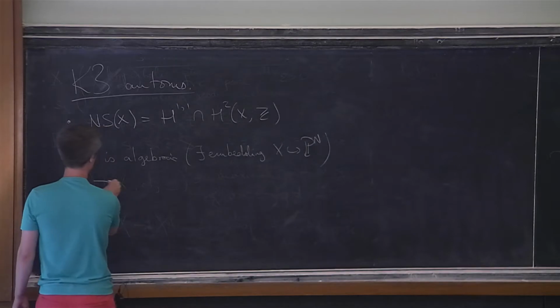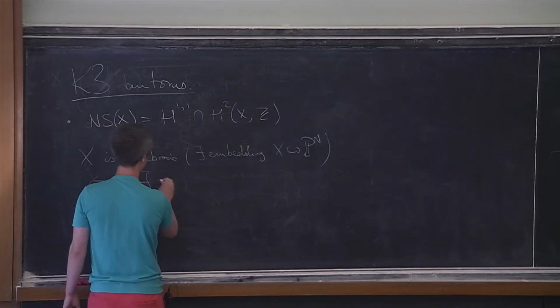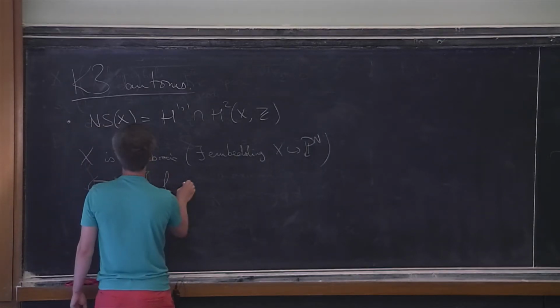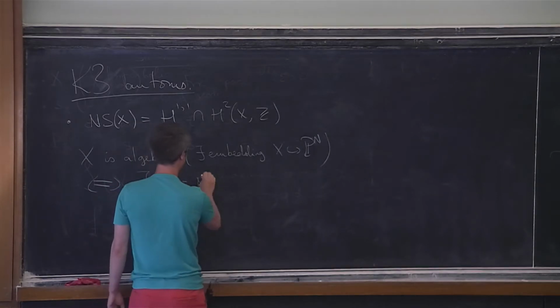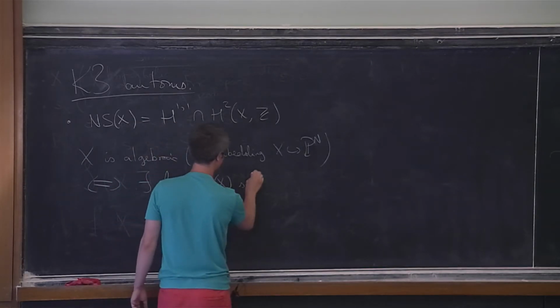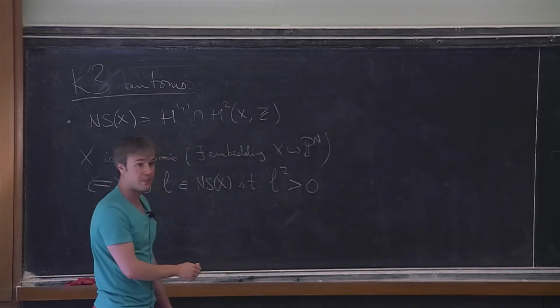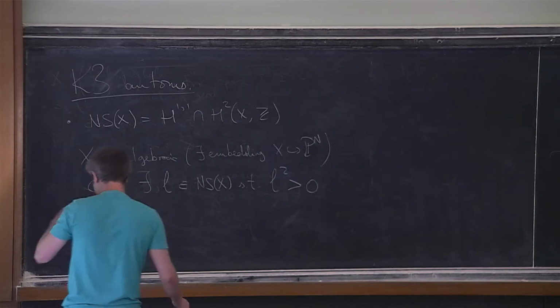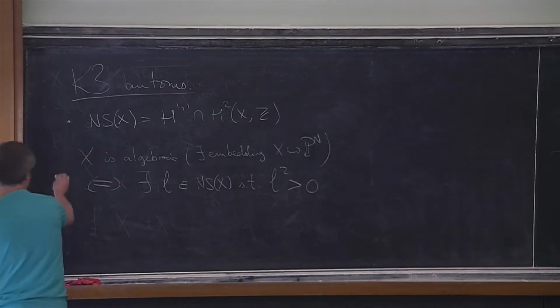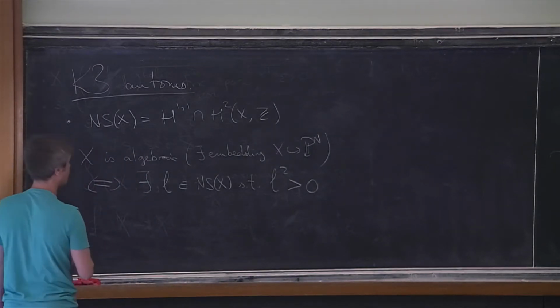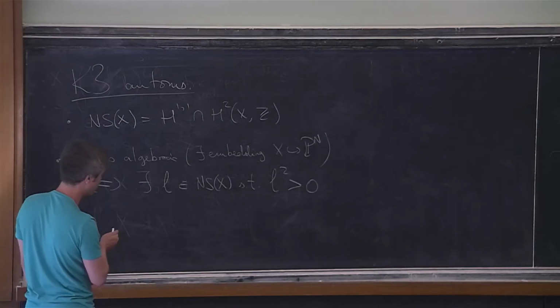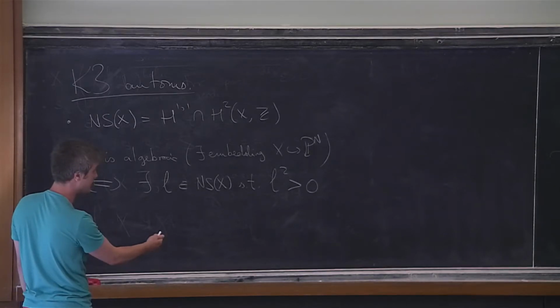This is equivalent to there existing some class, let me call it L, inside the Néron-Severi group of X, such that L squared is a positive number. And so this is a condition for the K3 surface to be algebraic. If you're familiar with it, it's related to the Kodaira embedding theorem.